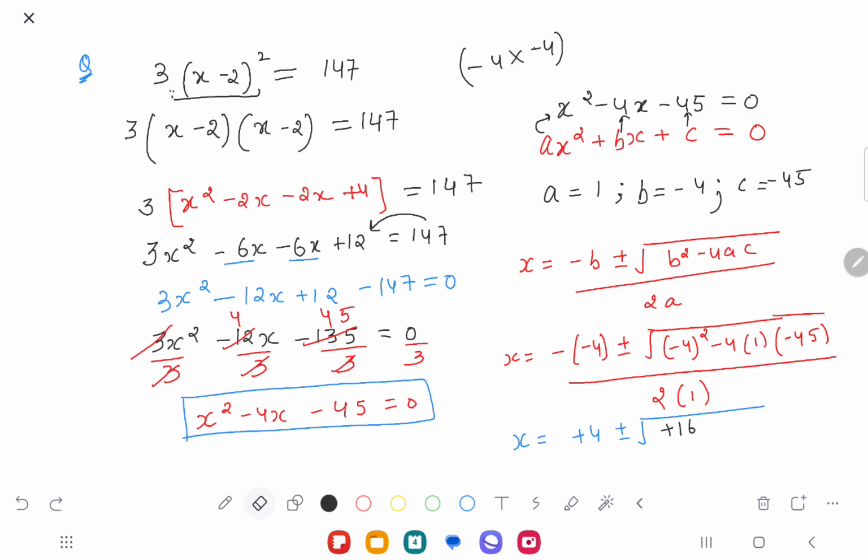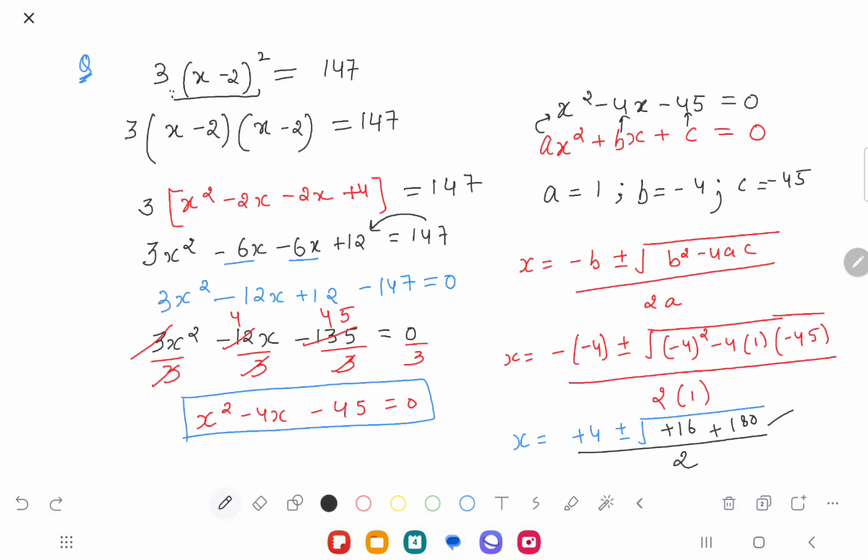And we have 4 times 1 times 45. Then minus into minus becomes again plus, and it becomes 180. 4 times 45, if you do, that becomes 180. All over 2. So we have right here, add 180 plus 16. So this becomes 196.